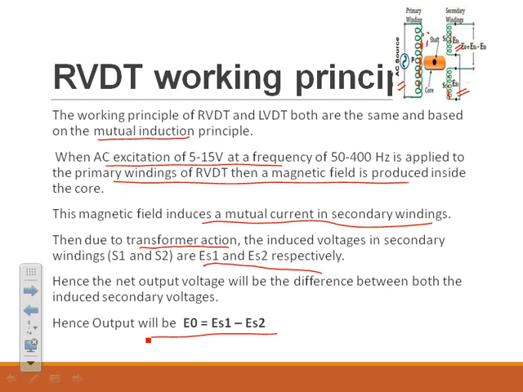There are two windings, primary and secondary. The number of turns on the secondary windings is the same, and the output voltages induced in the secondary windings, ES1 and ES2, are the same but opposite in phase. So the output E0 can be written as ES1 minus ES2. This is the working principle of RVDT.